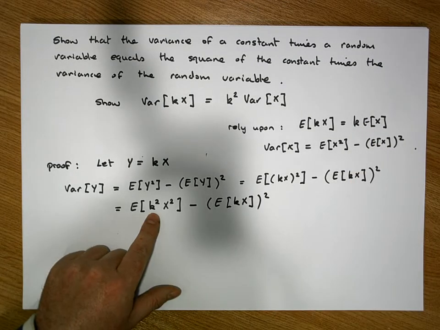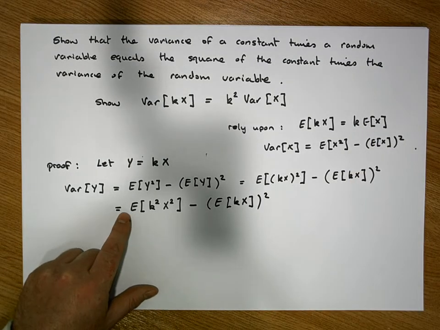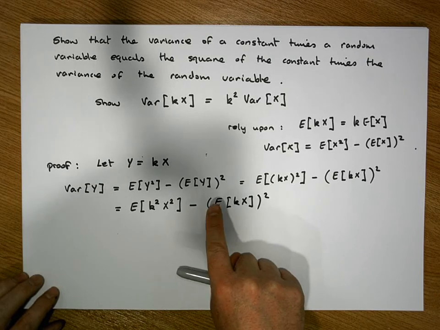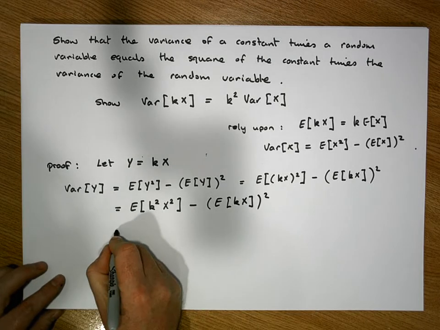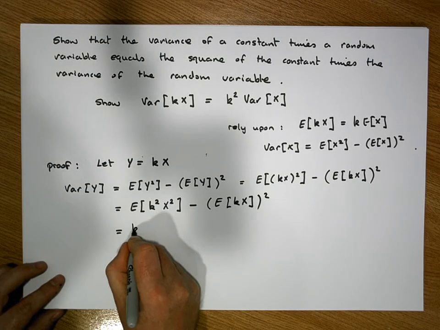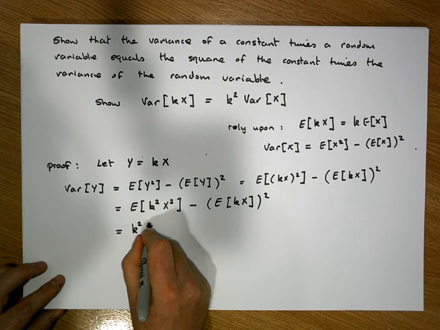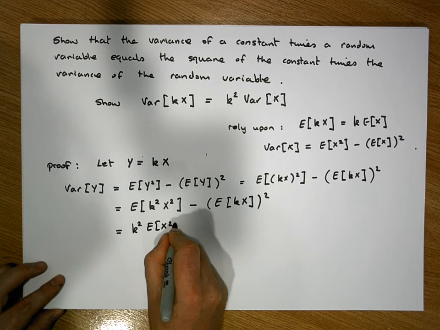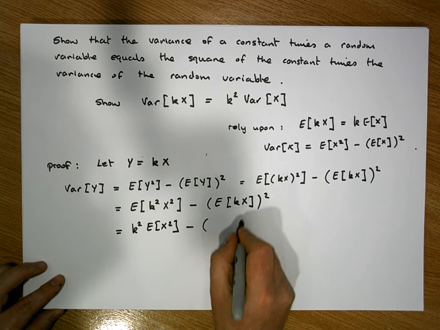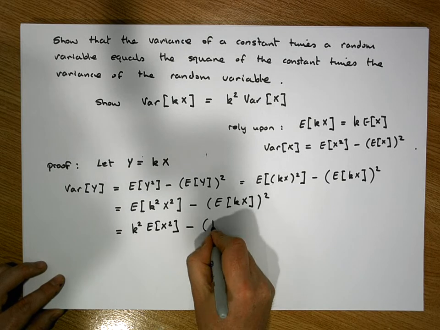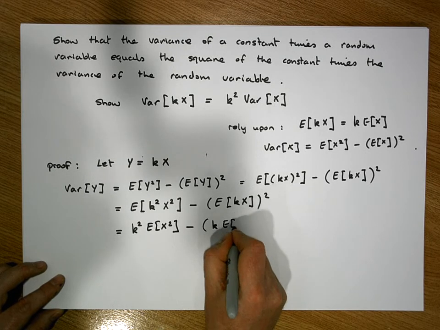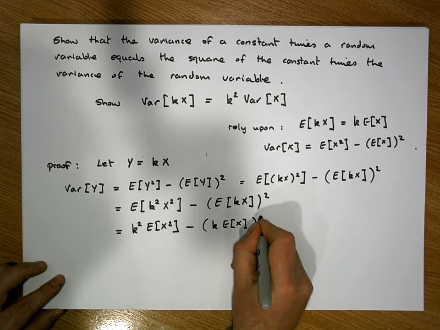So we can take this constant outside of the expectation, and similarly we can take this constant k outside of the expectation. So this becomes k squared times the expected value of x squared minus, when we take the constant k out, it's k times the expected value of x, all squared.